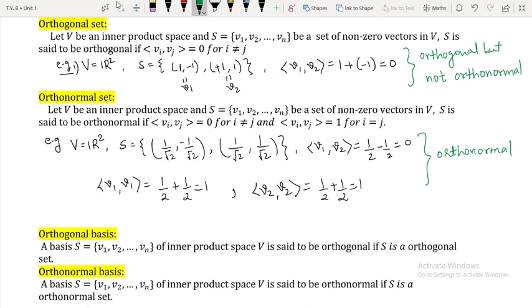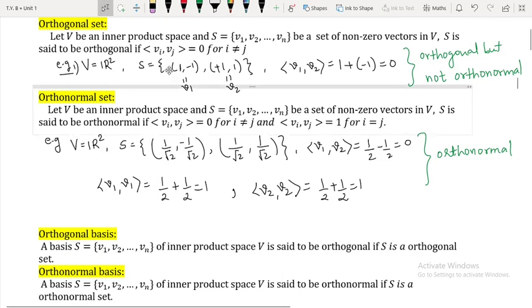Okay, so I hope you are getting my point. So now what I have done here, try to understand. The set is similar actually, so we have already learned this idea before. If you observe this set and this set properly, what will be the norm of this vector 1, minus 1?